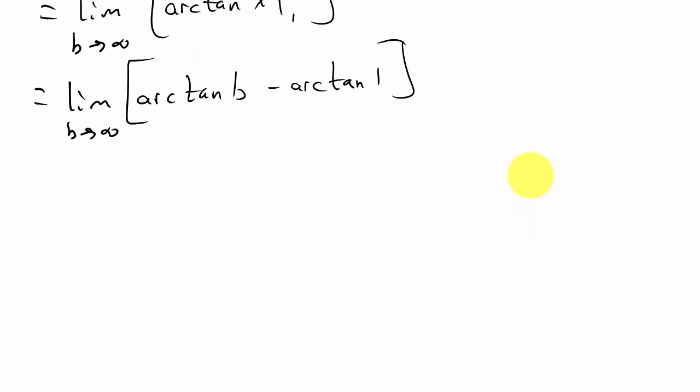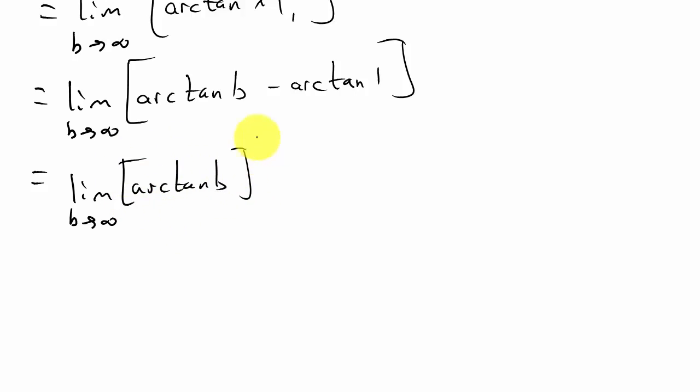And so this is going to give us the limit as b goes to infinity of arc tan b minus the limit as b goes to infinity of arc tan of 1.